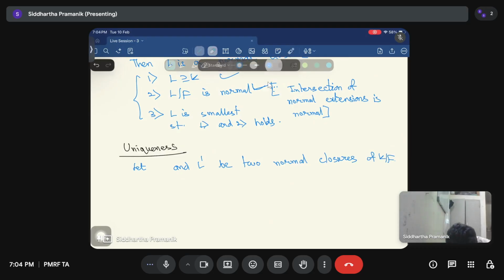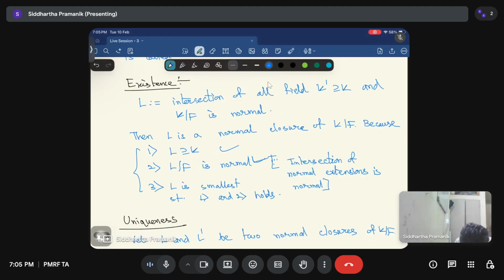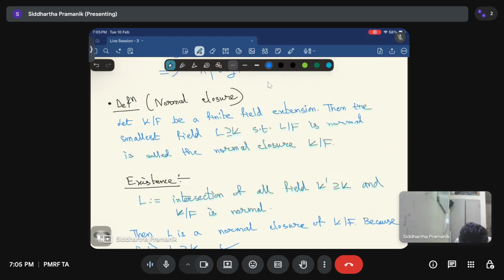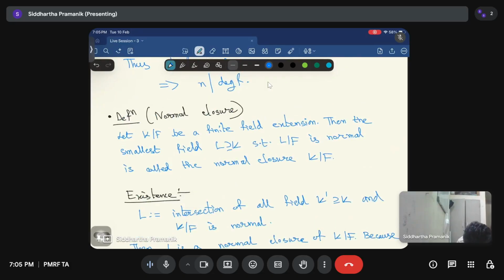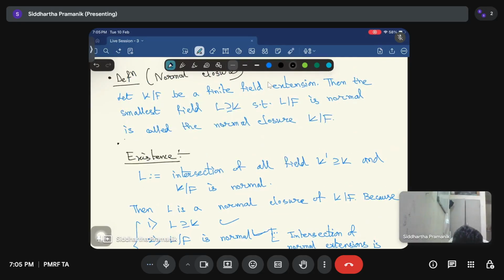To prove that these two are isomorphic, also note that these are finite extensions. So this L has to be finite. Let me put that as a remark. Note that L over F is finite because we are just attaching roots. In the problem we have seen how to construct this L.